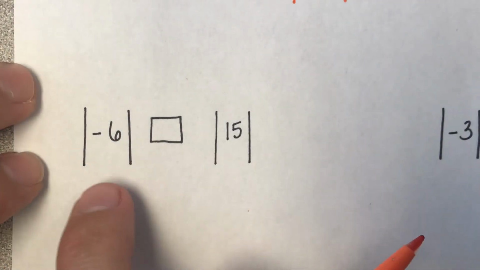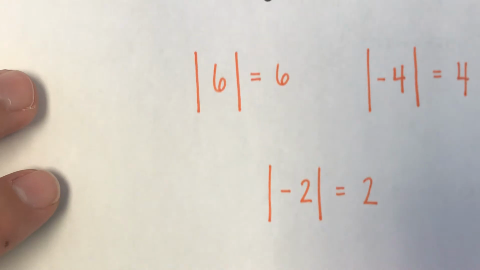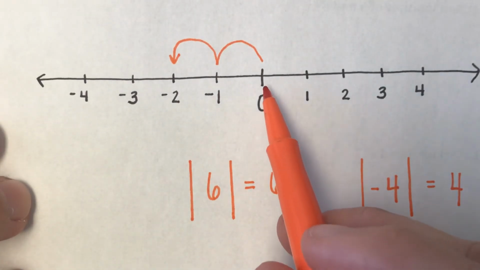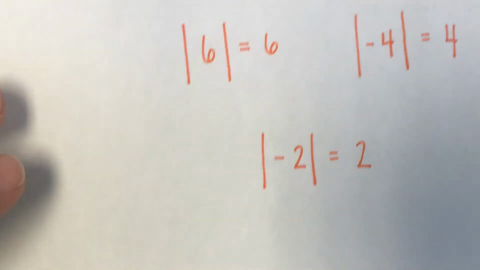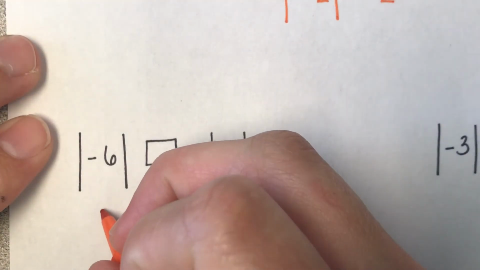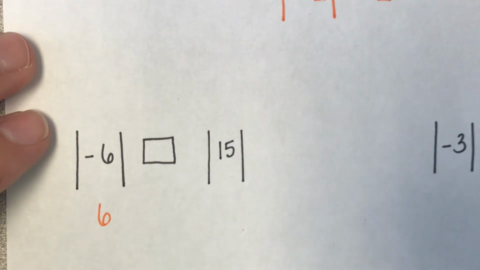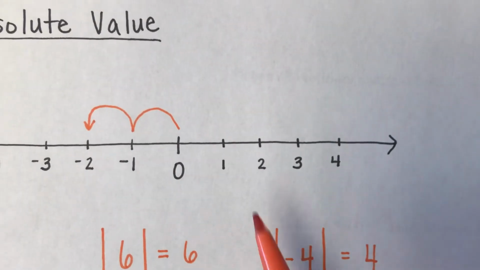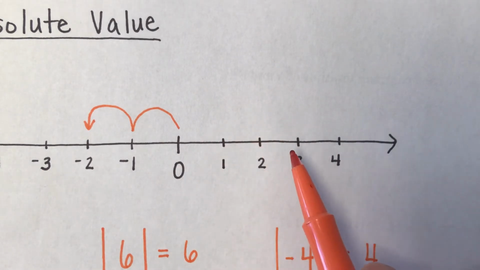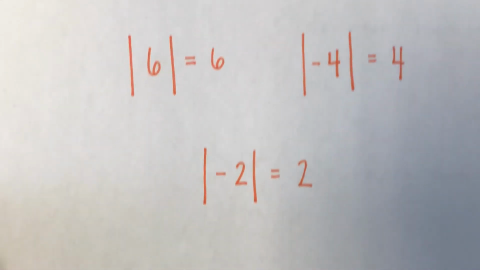Okay, the absolute value of -6. So once again, I'm looking at my number line. Start at 0, how many jumps would I have to take until I got to -6? That would be 6. Okay, same thing for the 15. If I'm on the number line, how many jumps would I have to make until I got all the way to 15 on the number line?